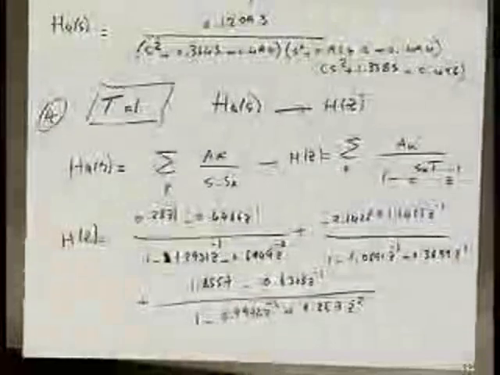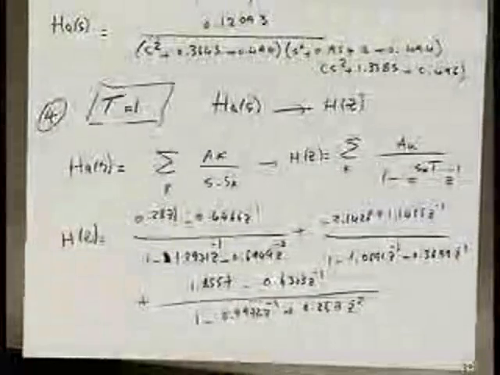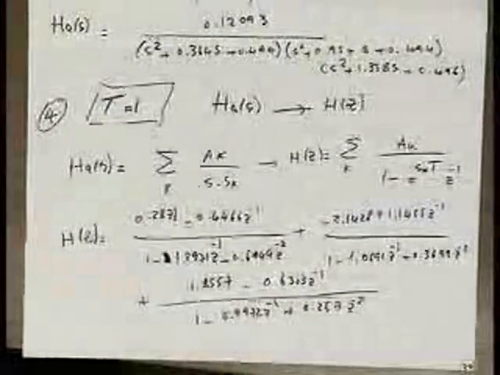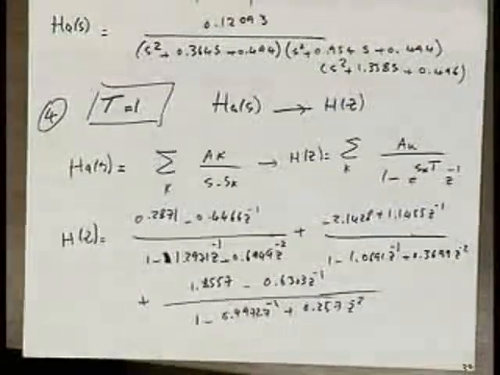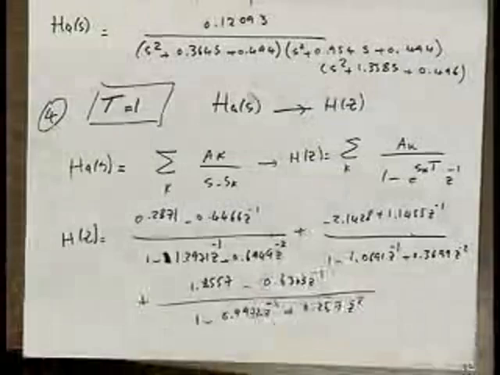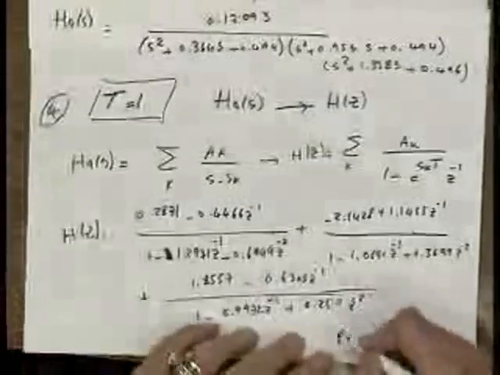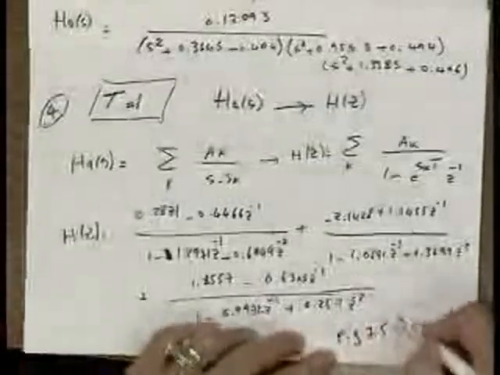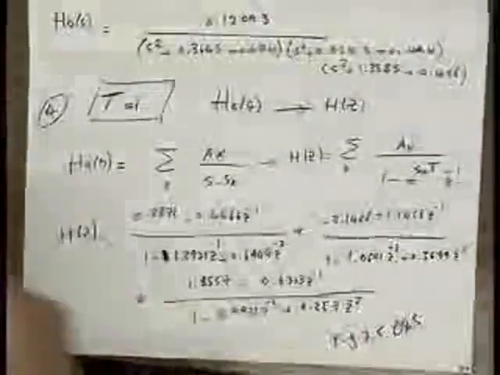If you now look at the frequency response of this guy, you can show figure 7.5 in Oppenheim and Schafer. If you look at it, this is the filter we end up getting. Zoom in, please. Yeah, this is the magnitude response.